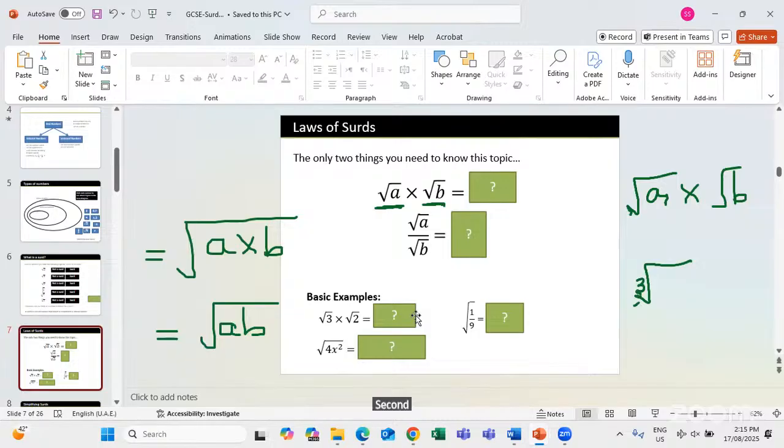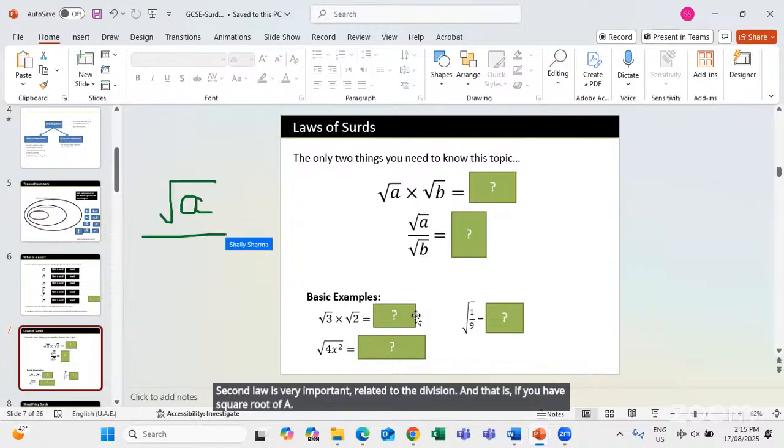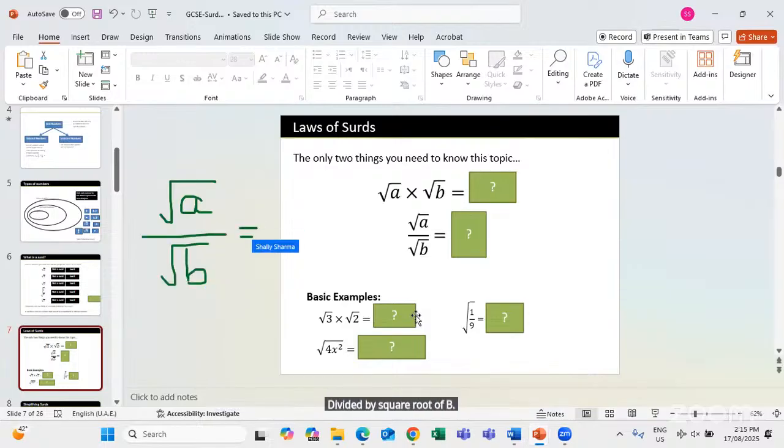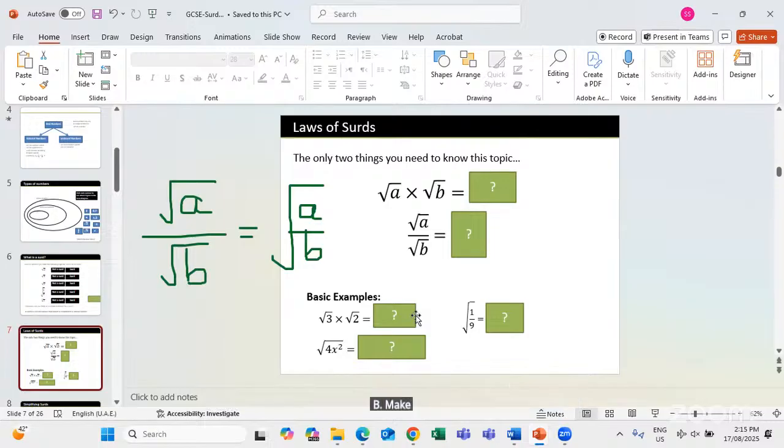Second law is very important, related to division. And that is, if you have square root of A divided by square root of B, you can write them under one square root sign and you can write square root of A divided by B. Make sure this rule is applicable only for multiplication and division.